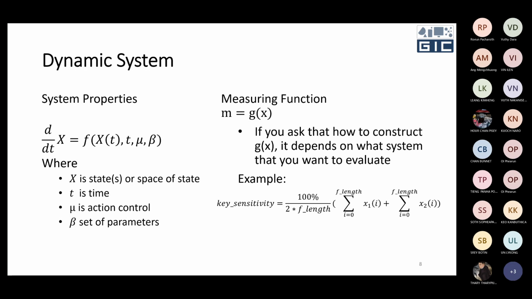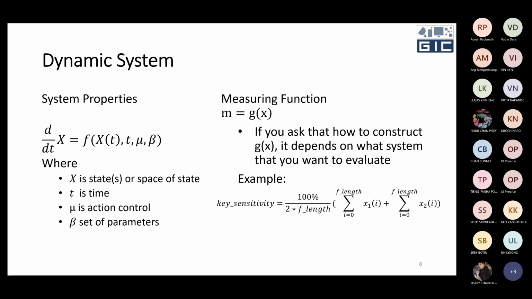In order to evaluate one system, for example, to evaluate whether this food or soup is delicious or not, you have to have something to evaluate with. To represent the measuring function of the system, you can write anything, but in this case I just use one function g, and m is the result of the measuring function. So we say that m equals g of x.